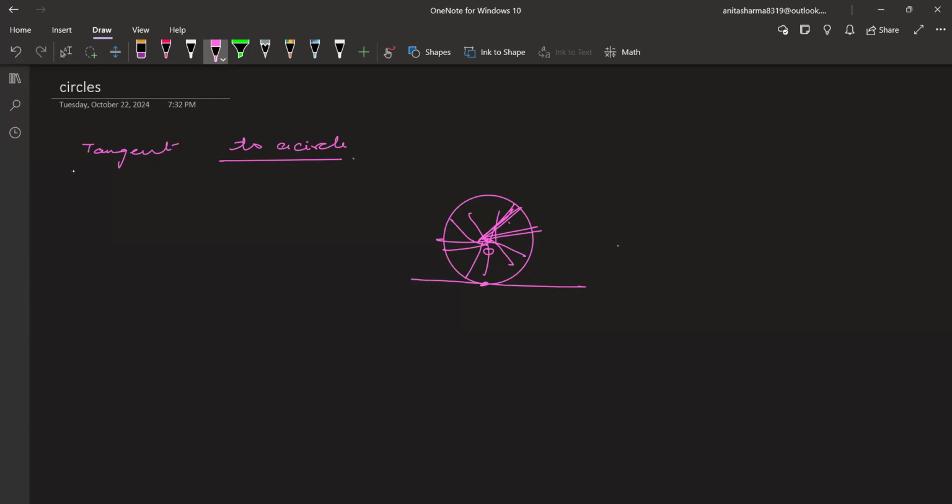So a tangent to a circle is a line that intersects the circle exactly at one point. Clear this thing? Yes, ma'am.